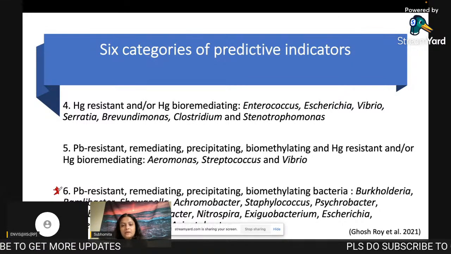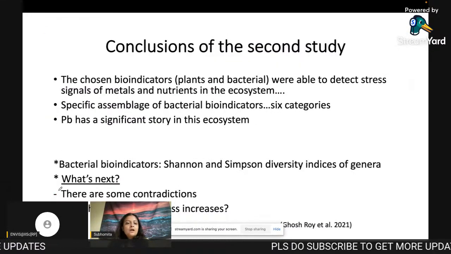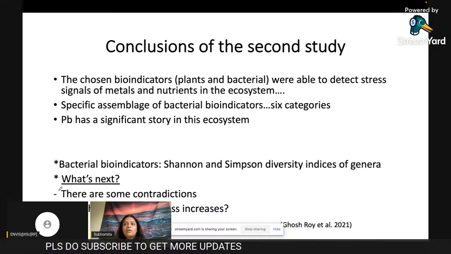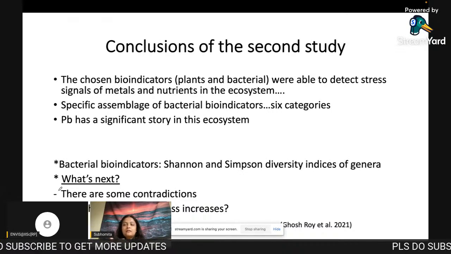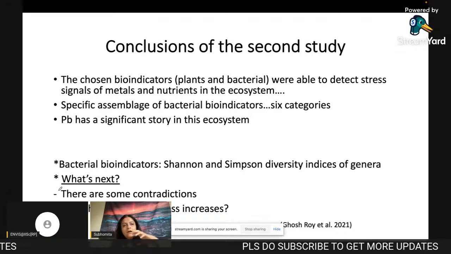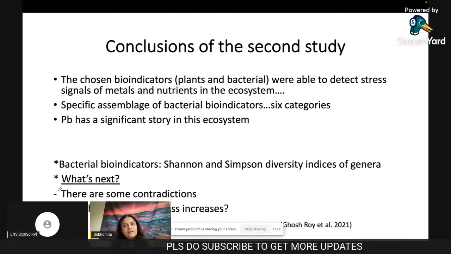This is just again some examples. So therefore we could justify why we were seeing an increase in diversity with lead, or a drop in inhibition, because the concentration of lead was present. So there is a quite significant amount of lead resistant bacteria.